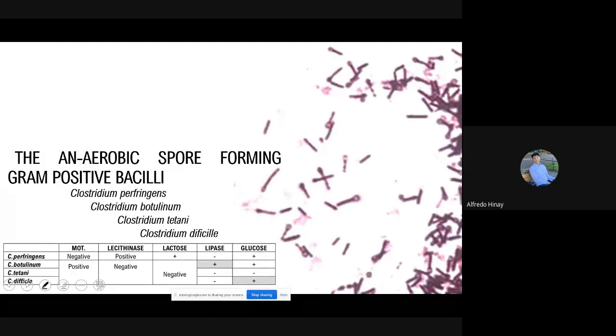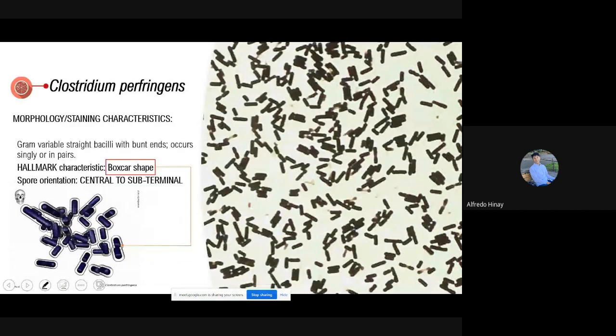So these are basic biochemical tool to differentiate the four. And we will try to describe each naman class. So, good thing about the culture characteristic class is meron silang mga kukonting pwede nating magamit to differentiate. So, let's start with your Clostridium perfringens.